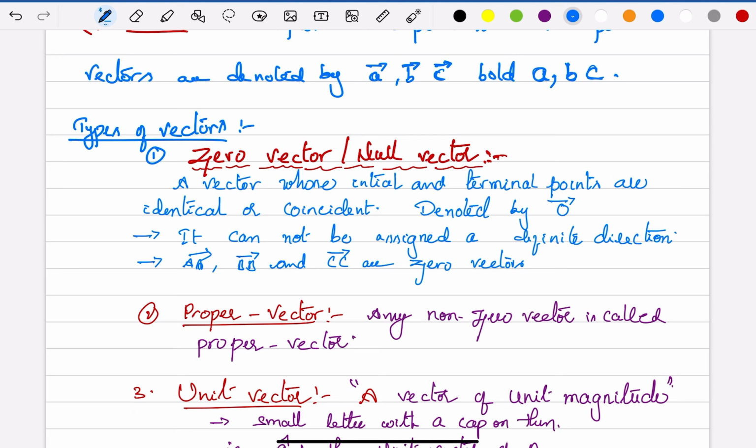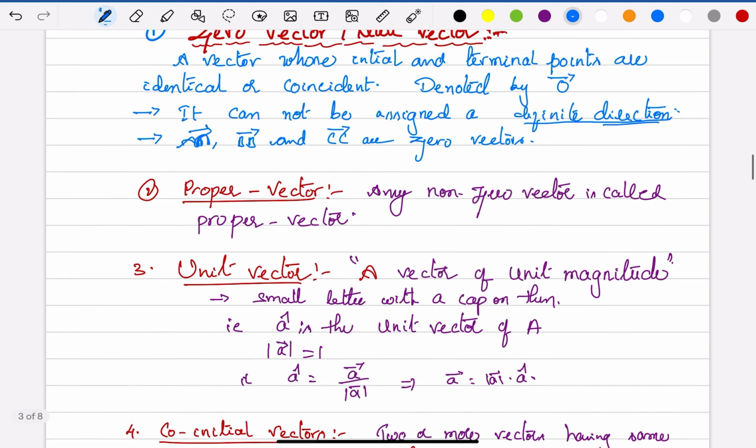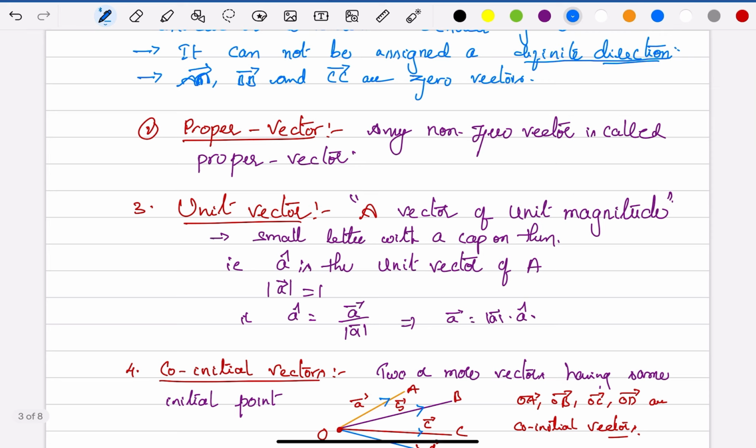It cannot be assigned a definite direction. Any non-zero vector is called a proper vector.